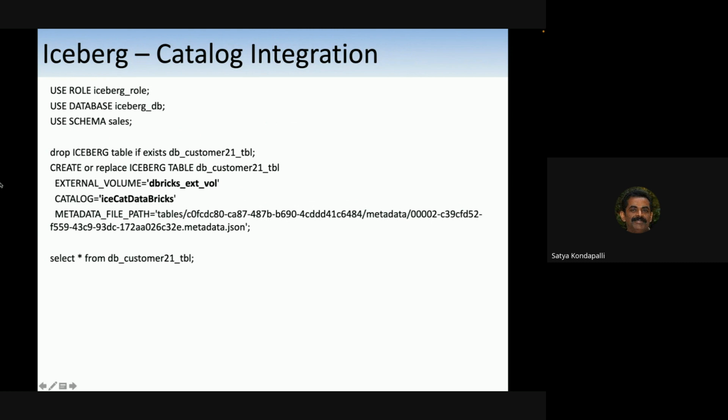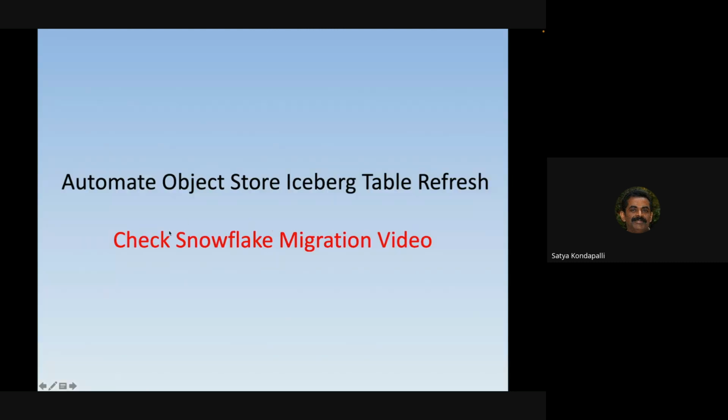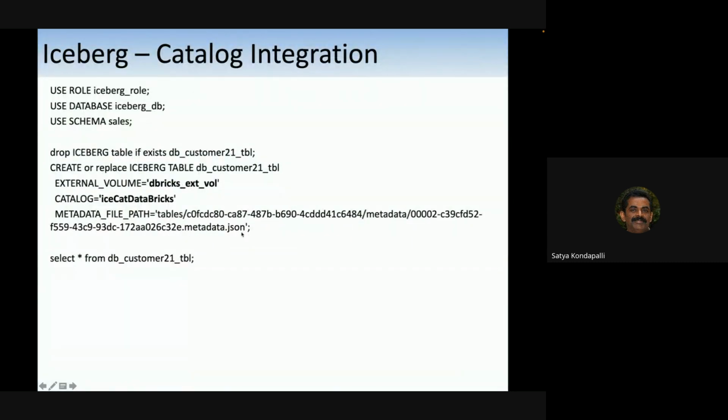Then we are telling this table, okay, this is my S3 bucket, and of course I'm going to use the object integration. Then, what is my most recent metadata JSON file? This is very important because I want to read the most recent data. This metadata JSON, as we learned in Iceberg, maintains the time travel.